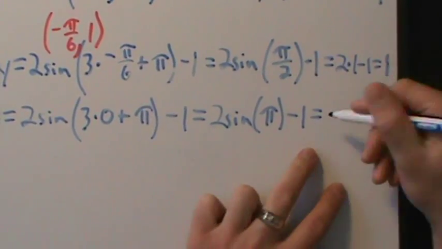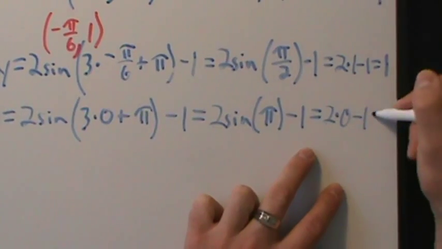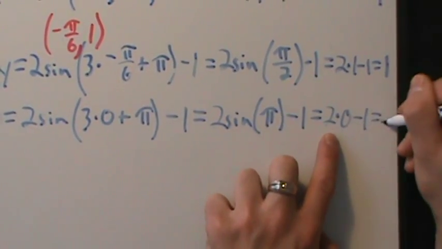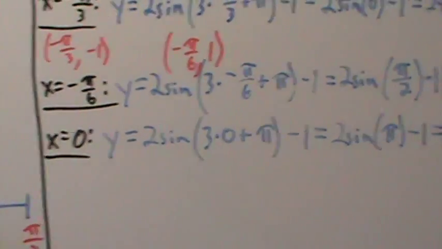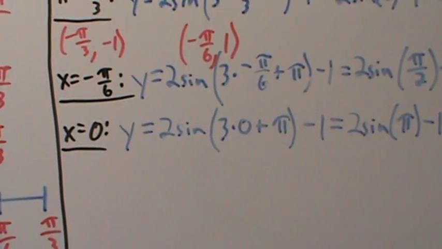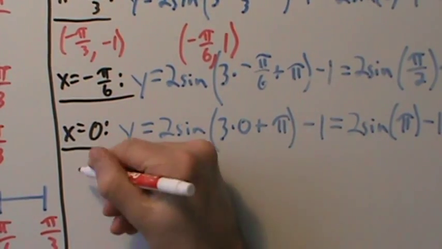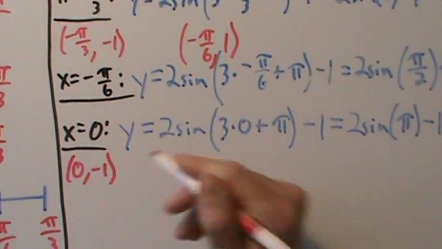Sine of pi is 0, so that's 2 times 0 minus 1, which is negative 1. So when x is 0, y is negative 1. That gives us the point 0, comma, negative 1.